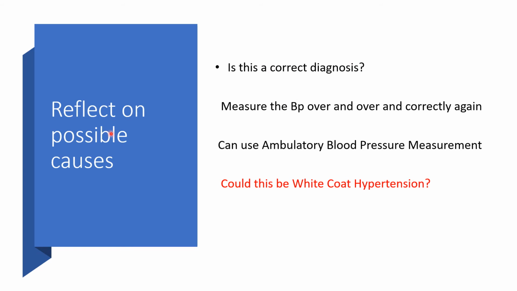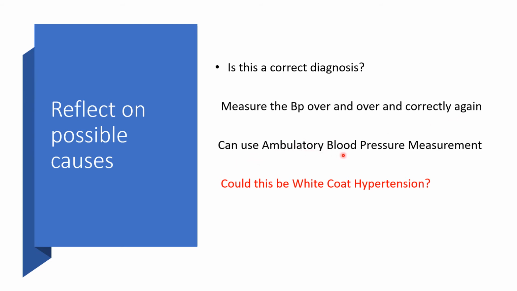Now, we have to reflect on certain things when it comes to resistant hypertension. Is this a correct diagnosis? That's a big question. We must measure the BP over and over, and make sure it's measured correctly. Please pause, rewind, go over how to measure the BP accurately.